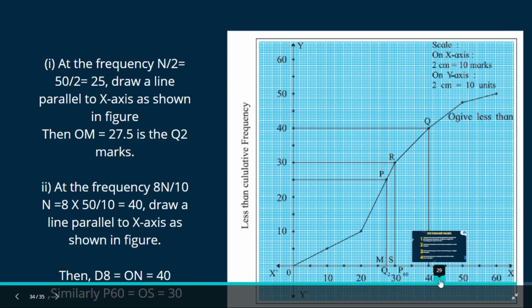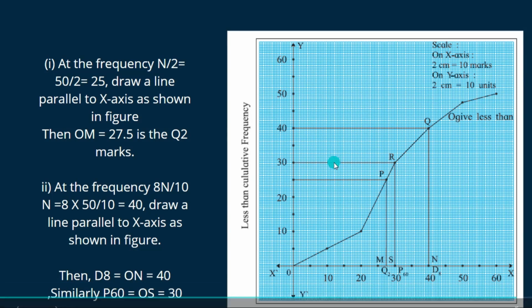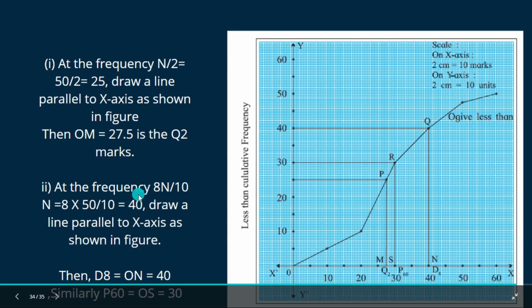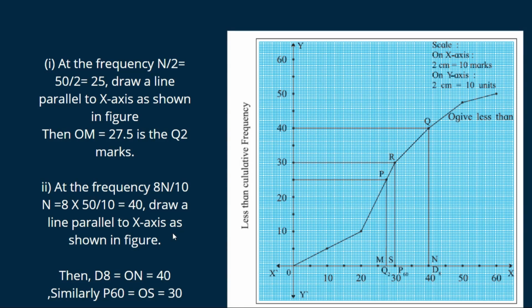In the same manner, you have to find percentile 60, P60. So here you have to write n into 60 upon 100, where n is 50, so 60 into 50 upon 100. You will get the answer as 30.